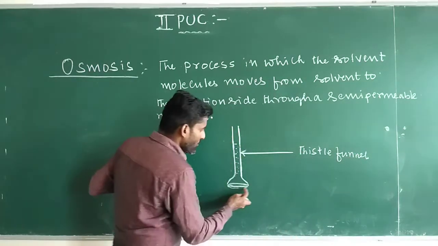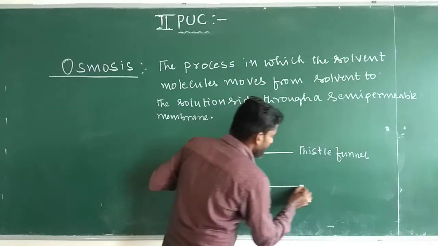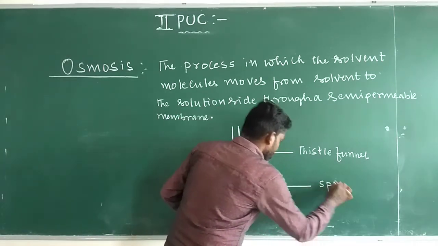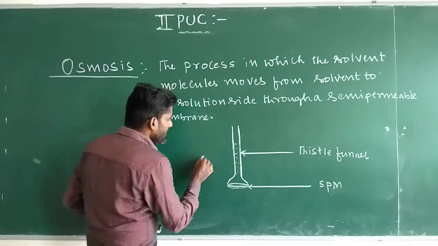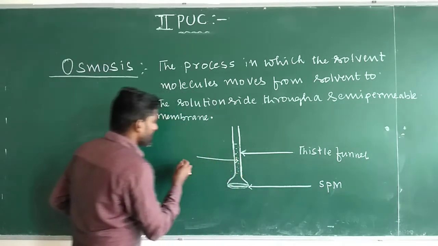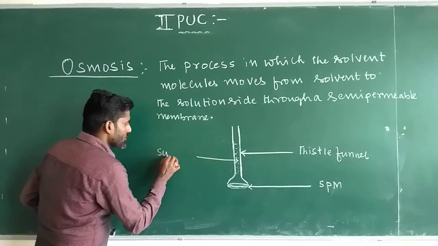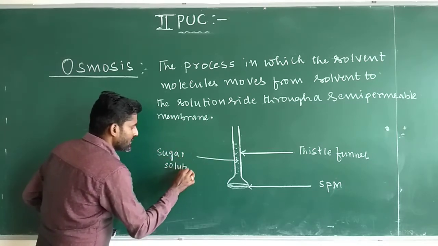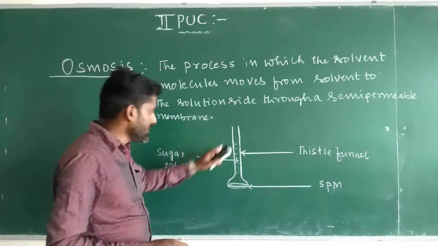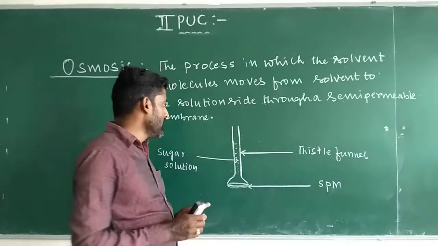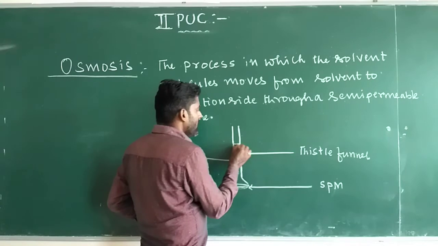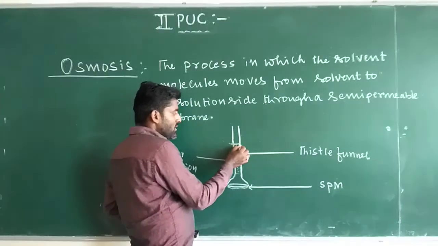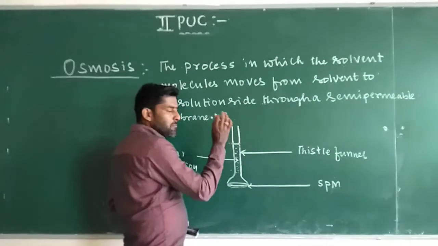The mouth of the Thistle funnel is tied with a semi-permeable membrane, SPM. The highly concentrated sugar solution is taken in the Thistle funnel, and initially the height of the sugar solution taken is marked.